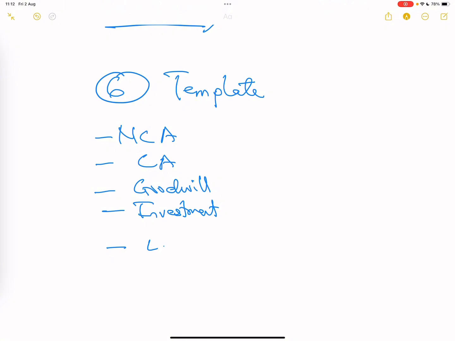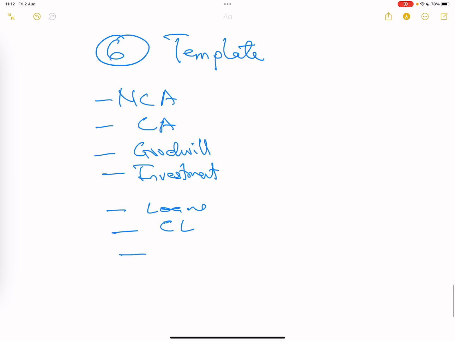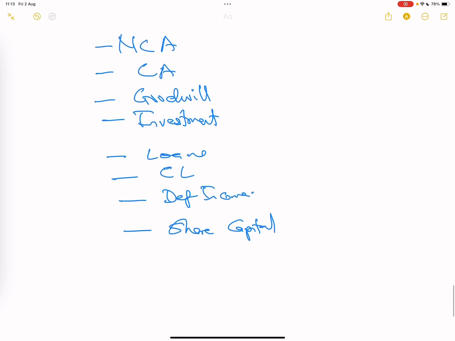Maybe they give you loans, maybe current liability, maybe they give you deferred income. Just examples. Then you have share capital. Yeah, share capital. Maybe there's also share premium. There will always be retained earnings. Right.